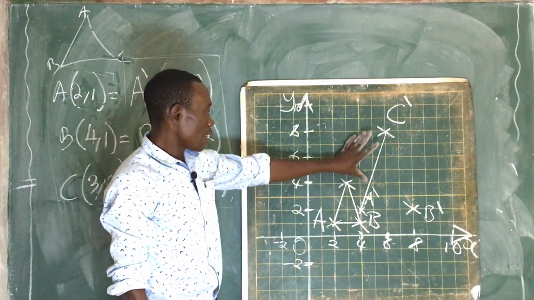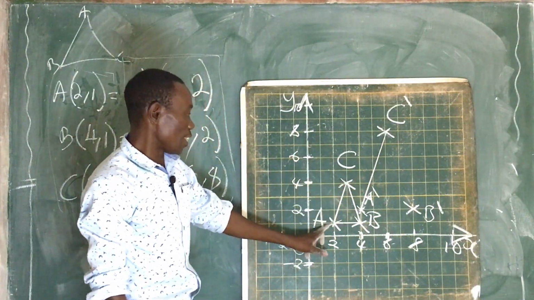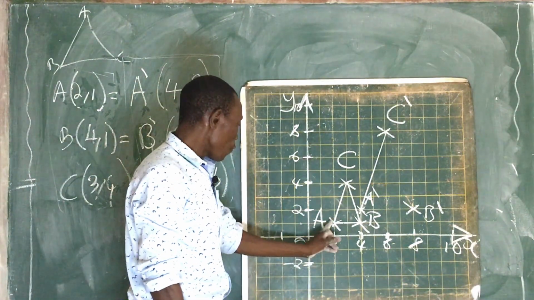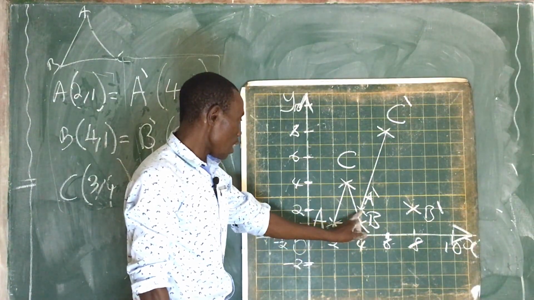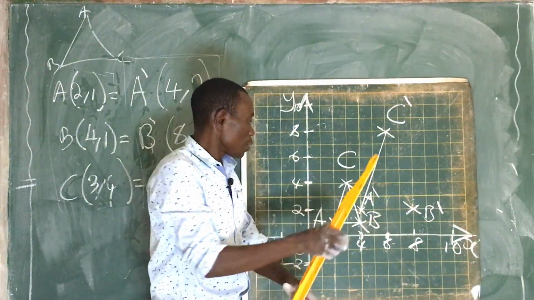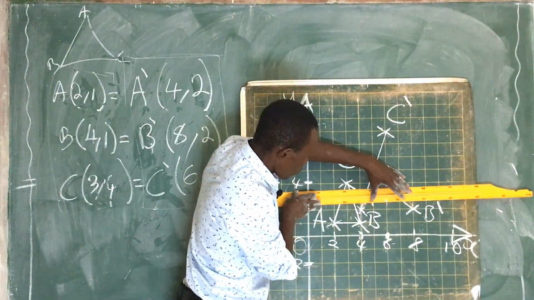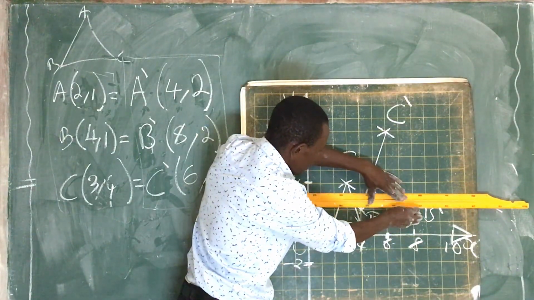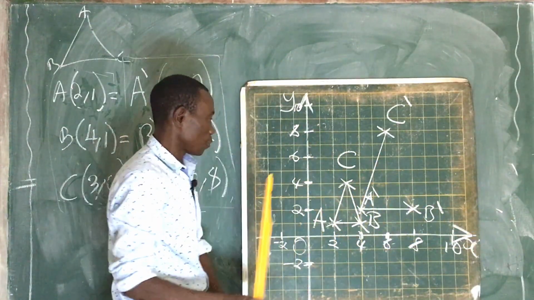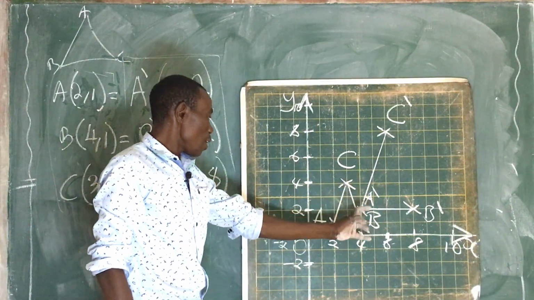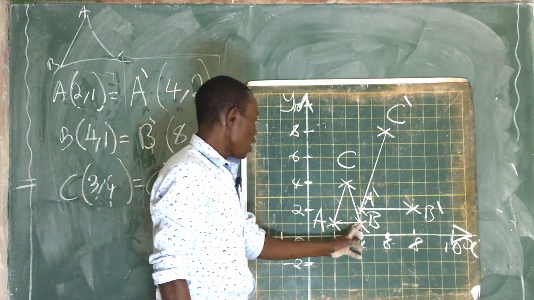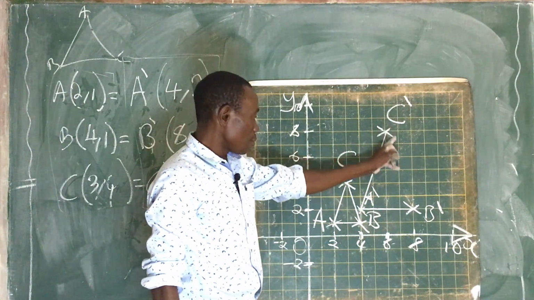It's more like double as much. It means this one has been enlarged twice as much. Then A, B is now A prime, B prime. Compare the sizes, the sizes are a little bit longer. And then C, B is enlarged to C prime, B prime.